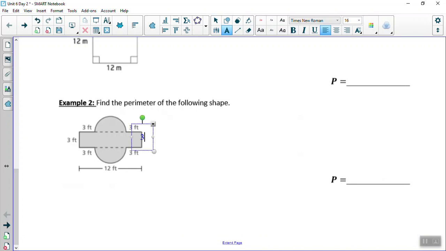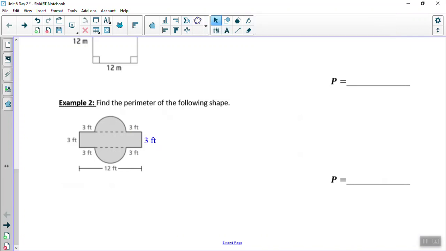I'm just going to put that in: 3 feet. Now we're going to focus on finding this distance right here around that semicircle. We know that this whole length, because they tell us down here, is 12 feet.